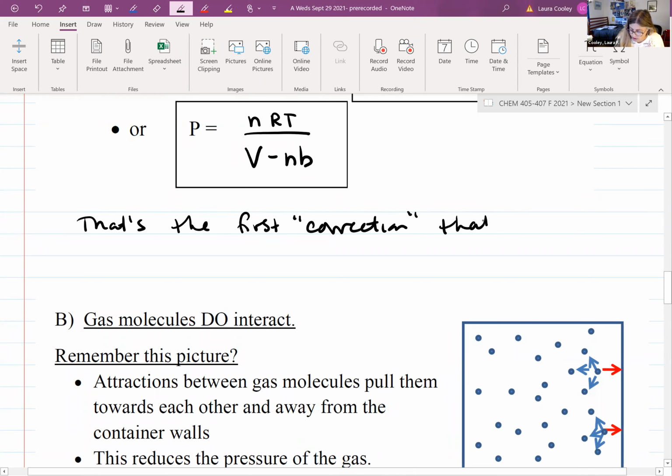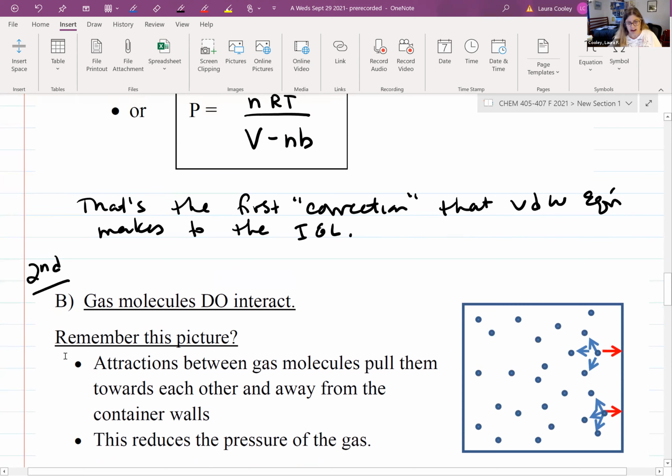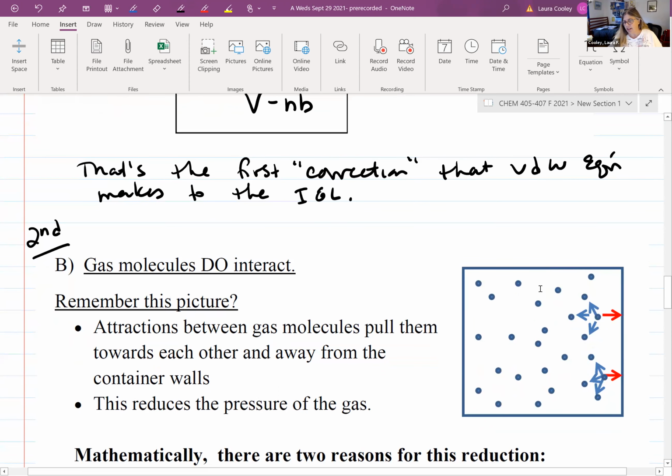That the van der Waals equation makes to the ideal gas law. Okay, so now for the second correction, and that is that gas molecules do interact. I drew a picture like this earlier, I think in the last class, to illustrate what happens at moderate pressures.